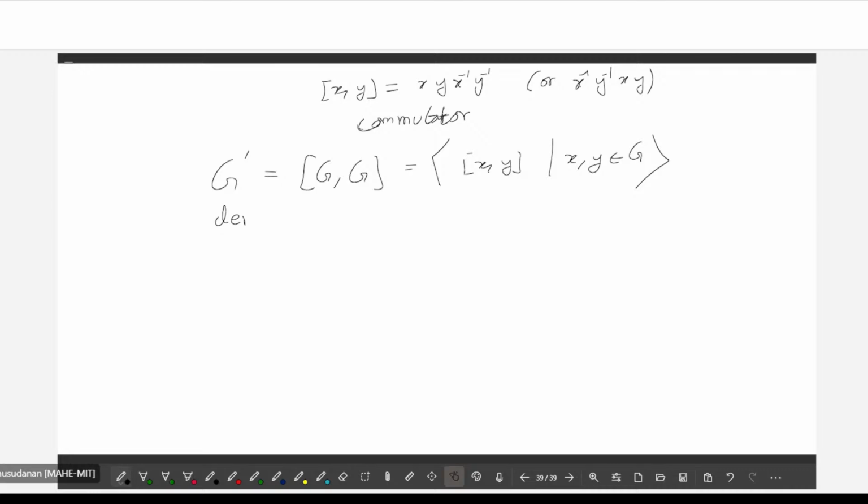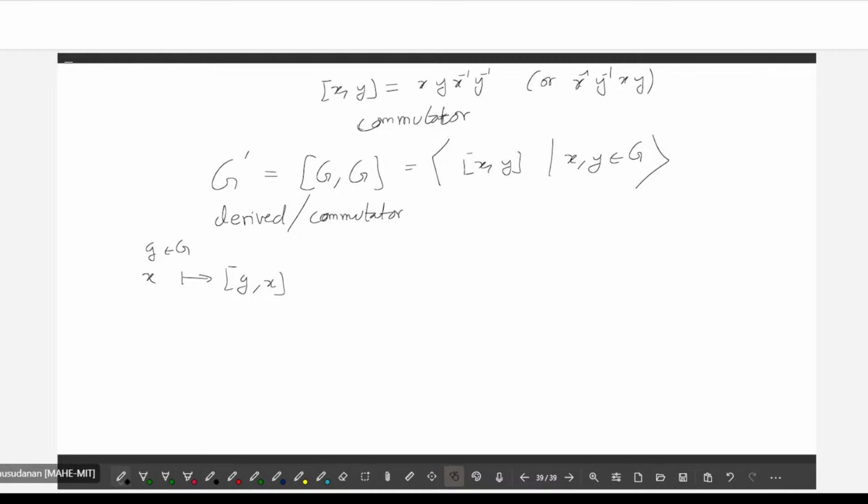So derived or commutator subgroup. Derived because if you fix an element g, then the mapping x maps to the commutator is called a derivation.